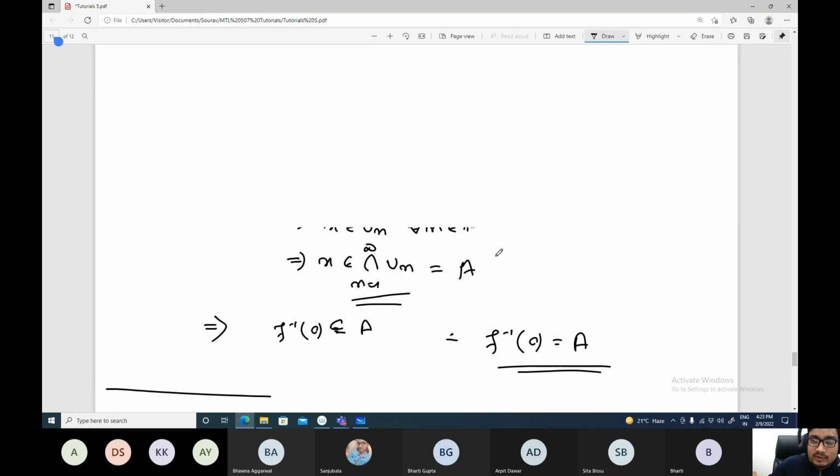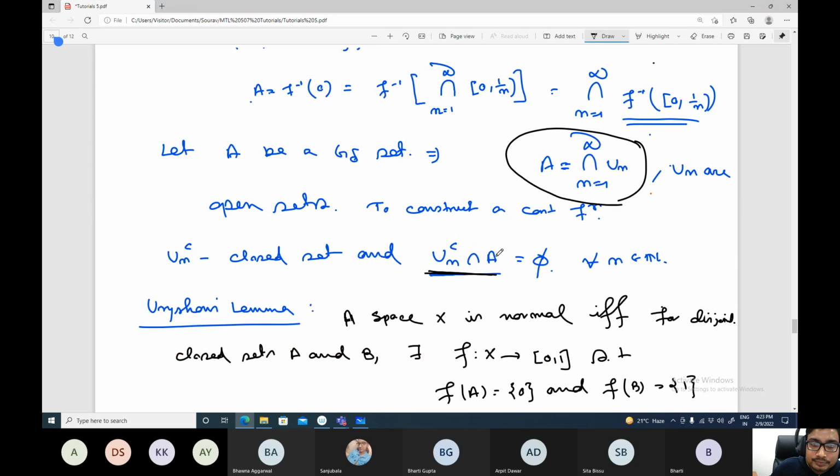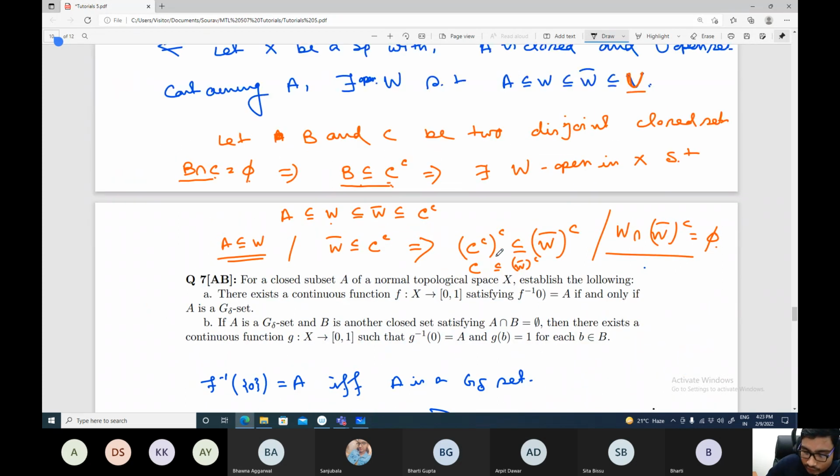So, let's first read the statement. A is a G delta set and B is another closed set. Given A is G delta, but B is a simple closed set. Or rather, A is a closed set, as given in the first one. So A and B are closed sets where A is a G delta set, with their intersection empty, means A and B are disjoint sets.